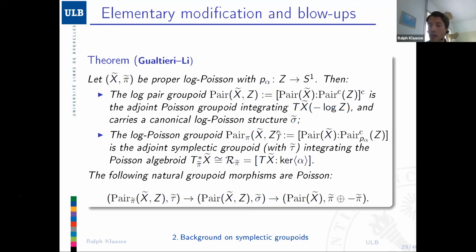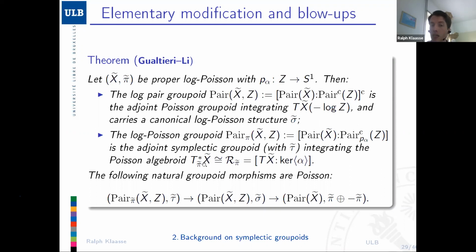It is, again, given to us by the Gualtieri-Li statement by doing this now. So instead of modifying the groupoid or the algebroid using the whole pair groupoid, you need to only take the relative pair groupoid with respect to the foliation that's present on Z. So the Lie algebroid you get is not that of the log tangent bundle, but this thing, which is the elementary modification of T X tilde by the kernel of alpha.